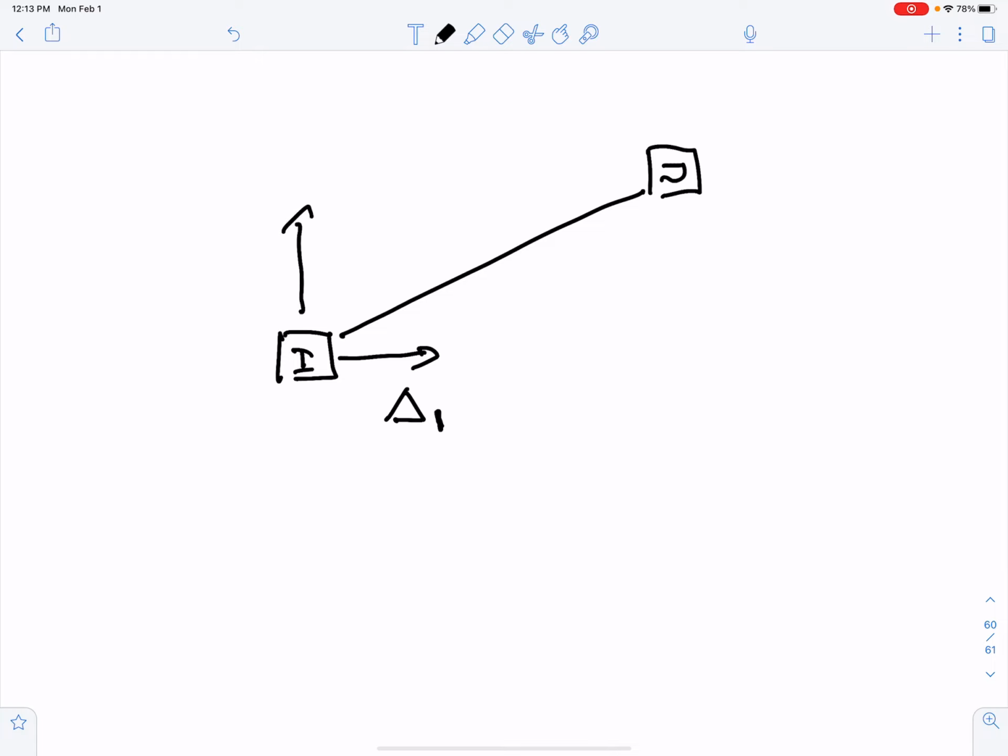It can also displace in the y direction, and I denote this displacement as delta 2. Likewise, node i can build forces in the x direction, which I'll call F1, and forces in the y direction, which I'll call F2.